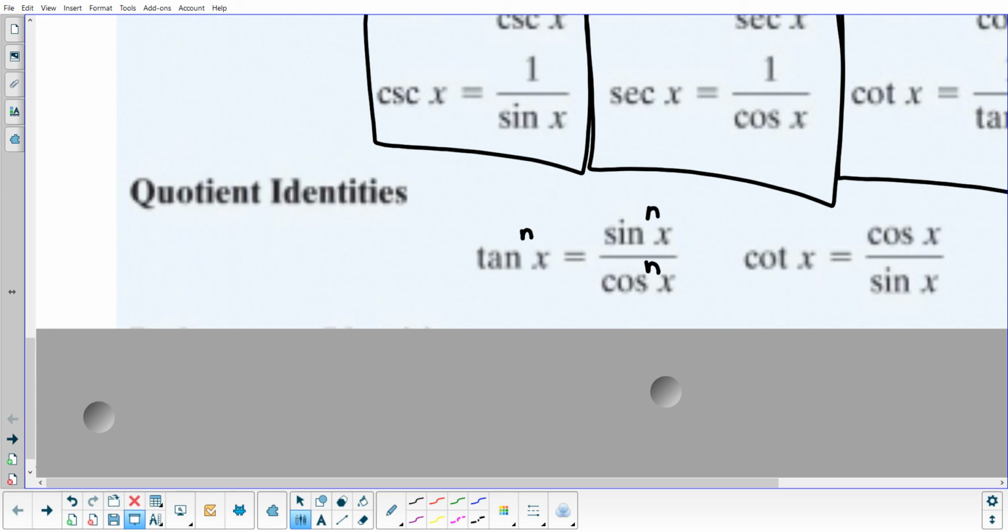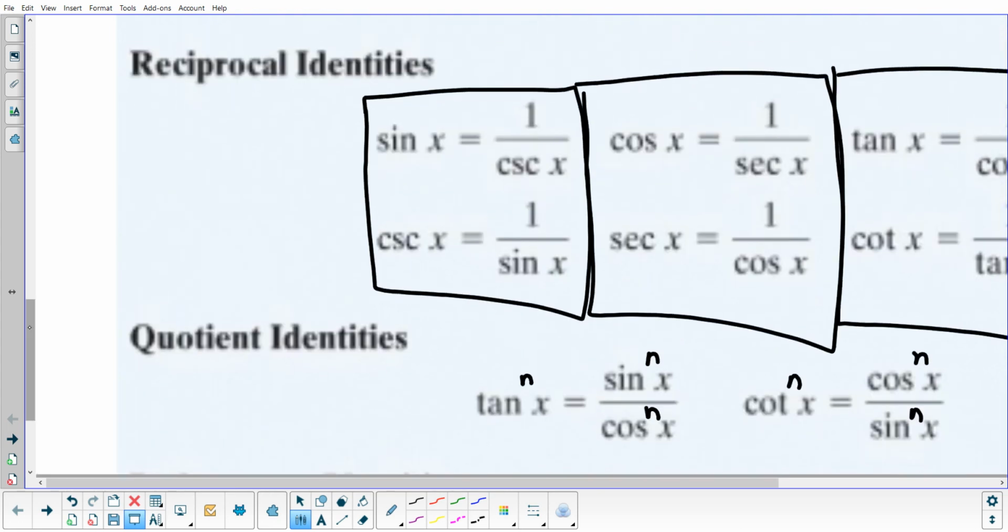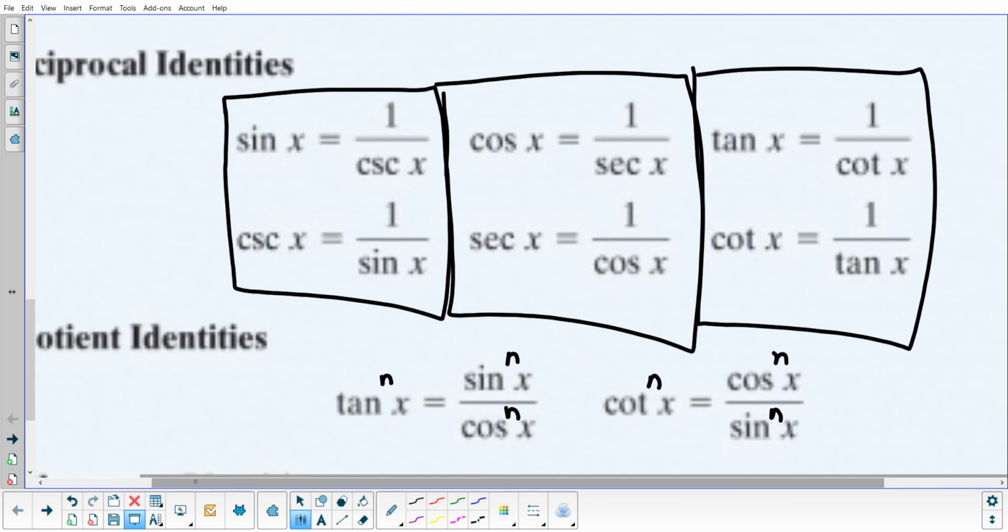Most of the time we use it with the first power. Same thing here: cotangent to the n equals cosine to the n over sine to the n. In fact, all these identities that I've given you so far, you can use them with higher powers. If flipping the cosecant gives you the sine, then flipping the cosecant squared would give you the sine squared.